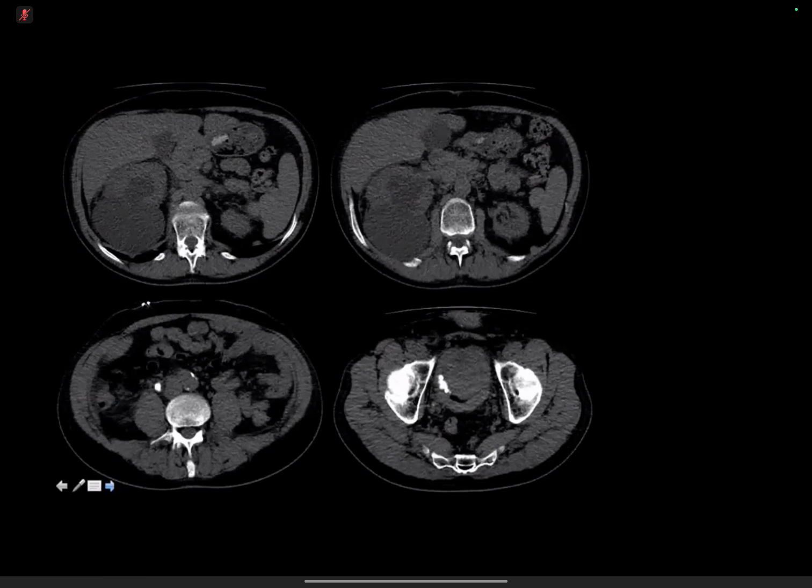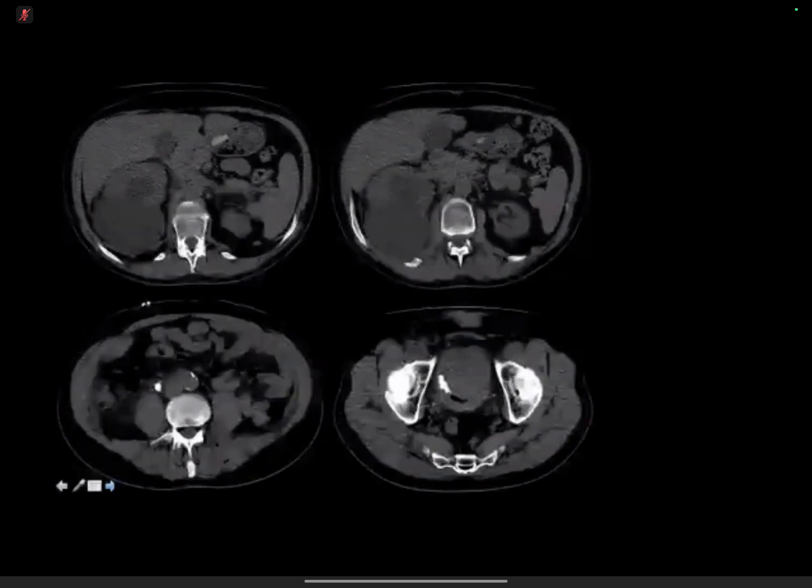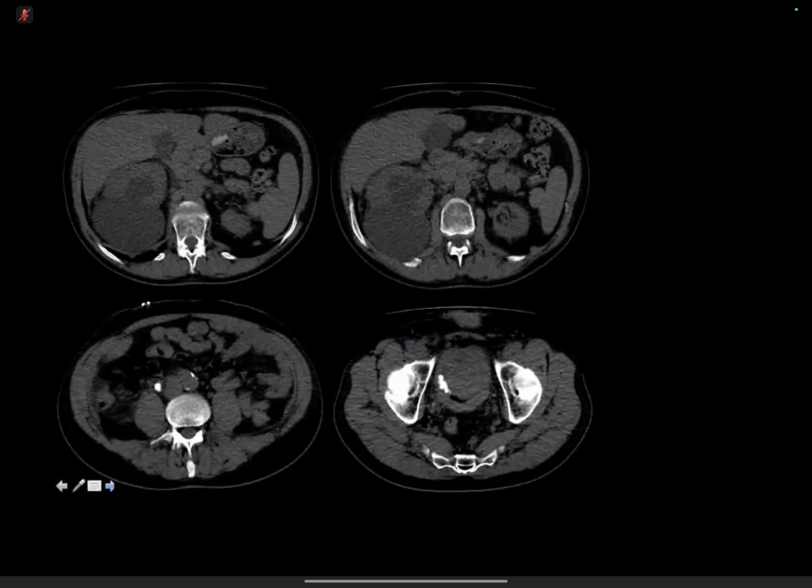From the non-contrast, I'm thinking whether this is a calculus causing upstream dilatation of the kidney, and because I can see a soft tissue rim around it, the ureter is quite distended. Then the lesion arising from the lower pole: in my normal practice, I'd want to measure the Hounsfield units. It appears fluid, low attenuation, but I'm worried whether this could be urine or simple fluid. It doesn't look like it's layering to suggest there's blood in there.